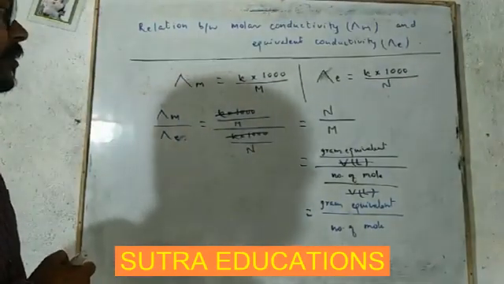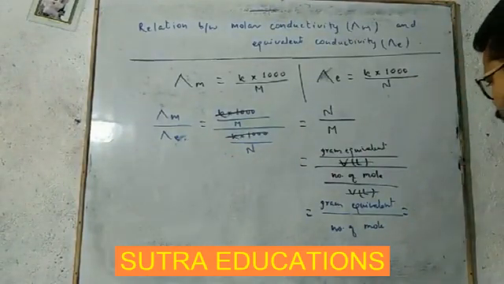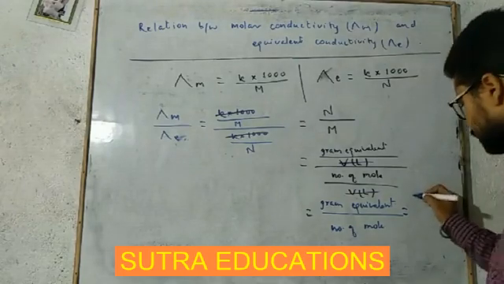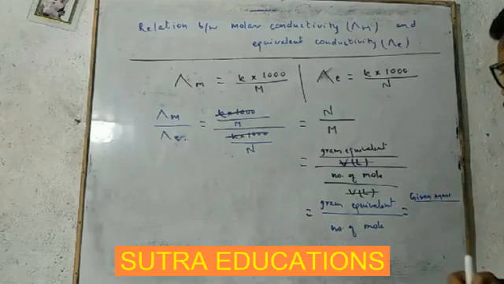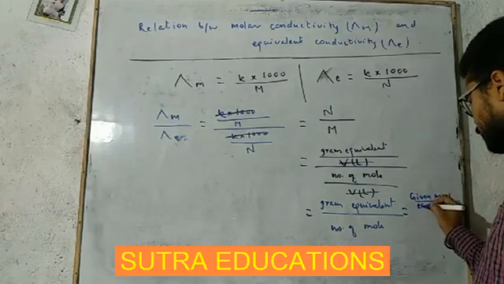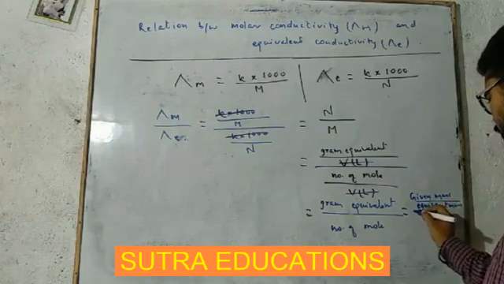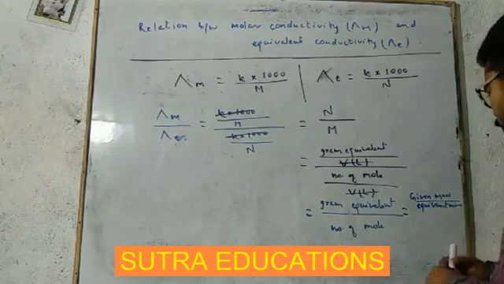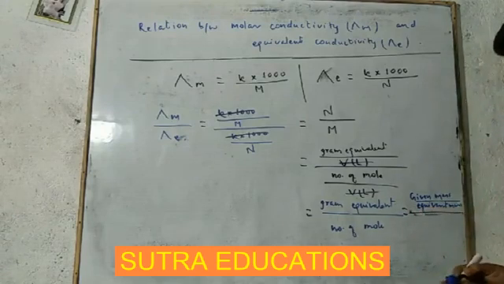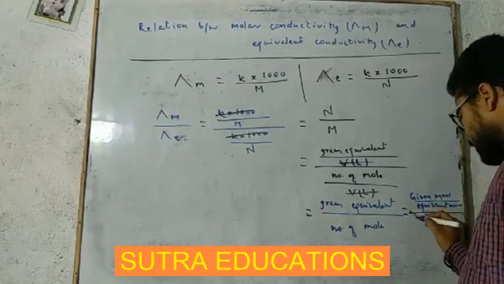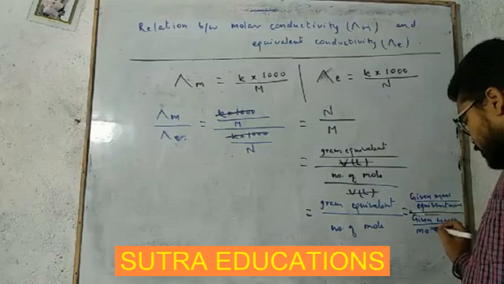What is gram equivalent? Gram equivalent is given mass upon equivalent mass. And what is number of moles? Number of moles is given mass upon molar mass.